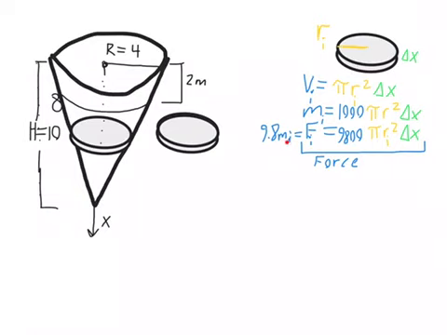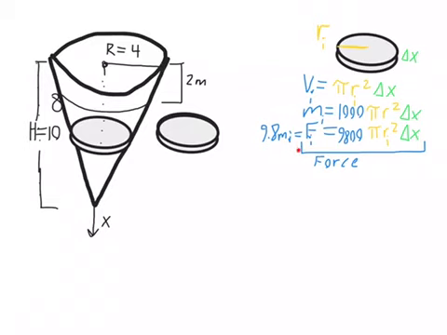And this doesn't mean miles here. It means index i of mass. And so the force for this particular disk indexed by i is then going to be 9,800 pi r squared delta x.